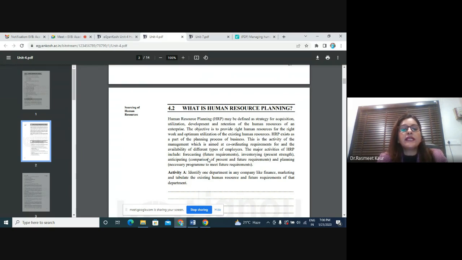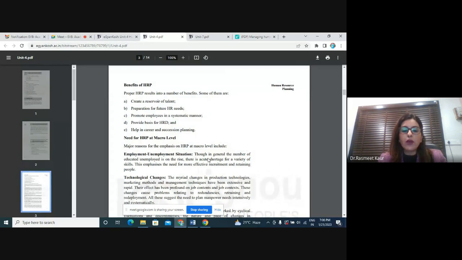Different authors have defined it as a strategy which helps you to acquire, utilize, develop, and retain the human resources in an enterprise. Acquiring means to procure them. Utilization means how you can get the best out of the employees you have recruited, then to develop them, and finally to retain them in the organization.